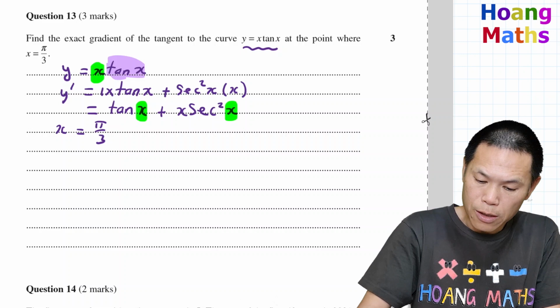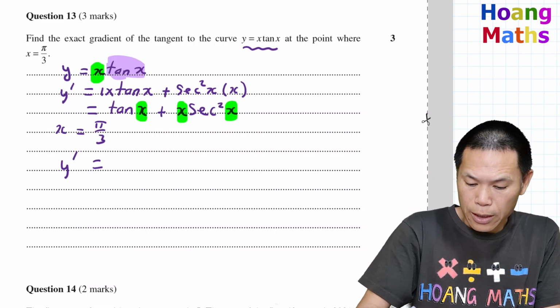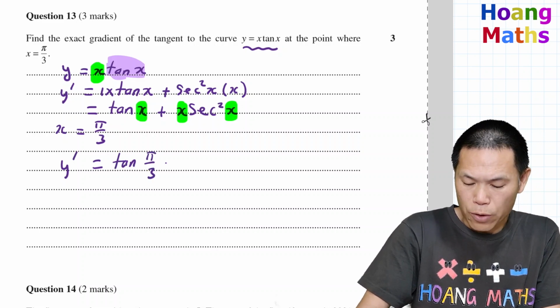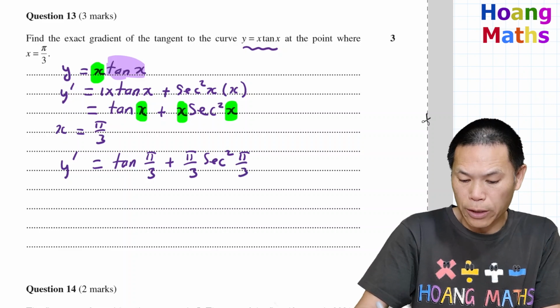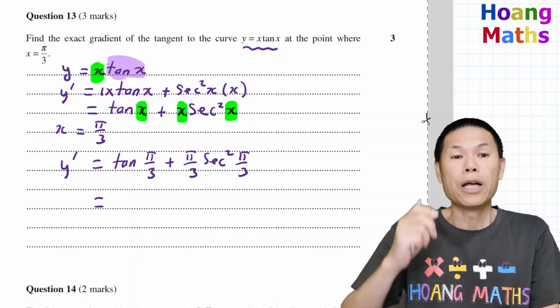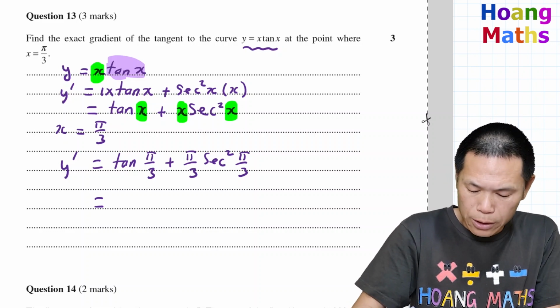That gives y dash is tan of pi over 3 plus pi over 3 sec squared of pi over 3. Tan pi over 3 is root 3.